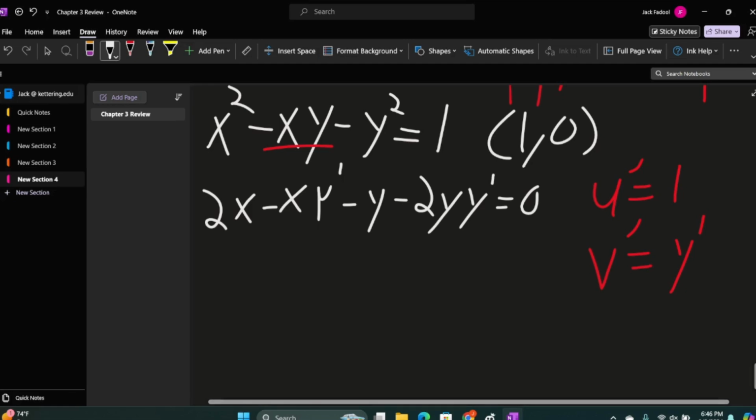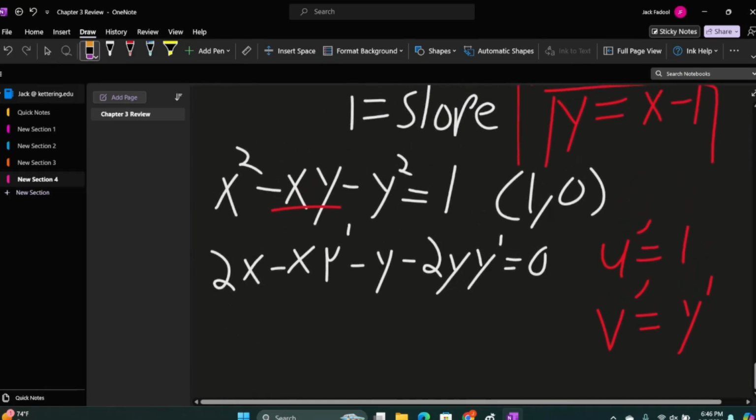Now we just substitute our coordinates into this equation.